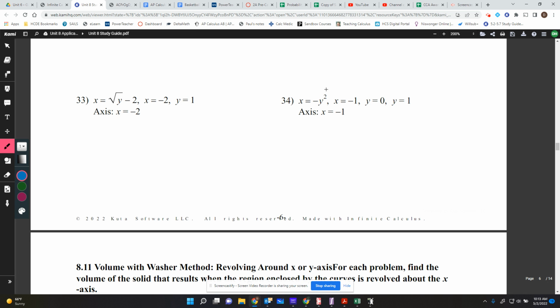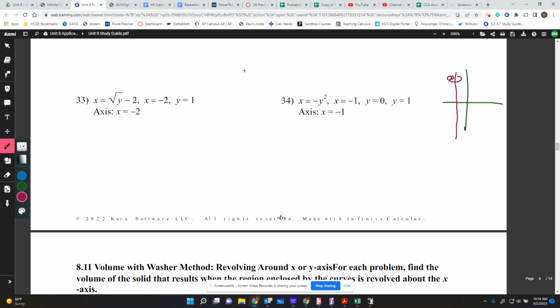All right, lastly here, again, we sketch a quick graph just to see where our bounds are. We know the axis, which is one of the lines. They want us to rotate it around that. And x equals negative y squared.